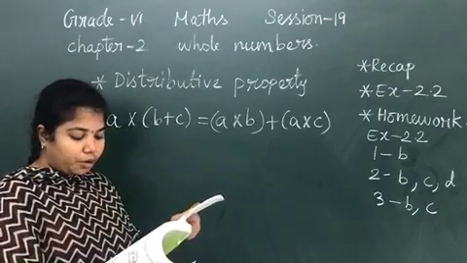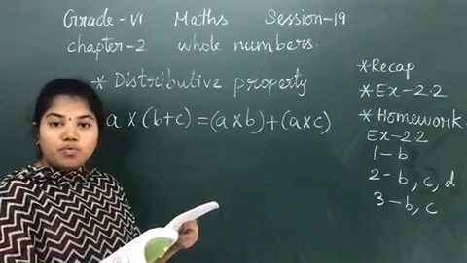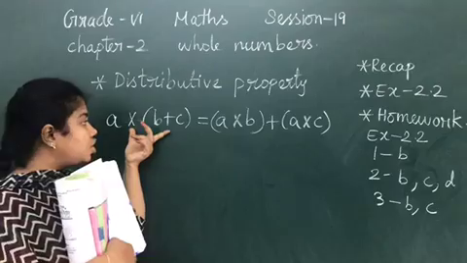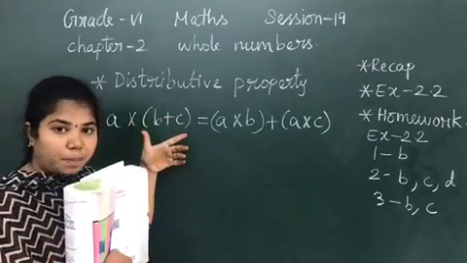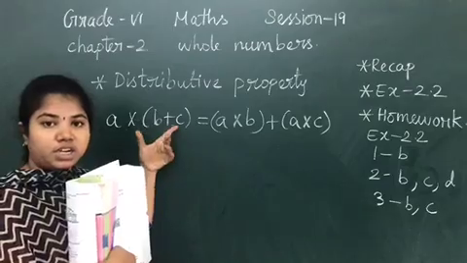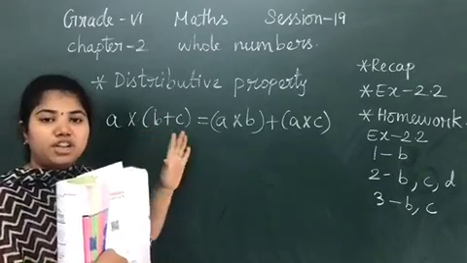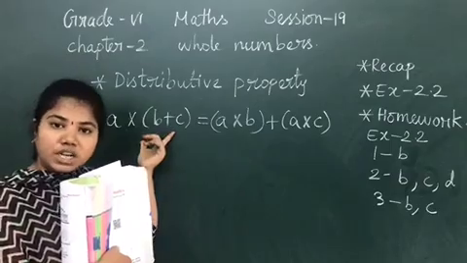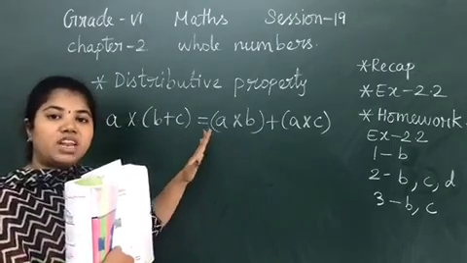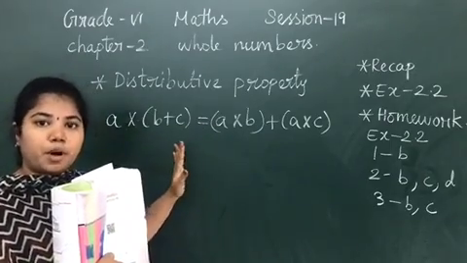This is known as the distributive property of multiplication over addition. There are several other things, like multiplication over subtraction, division over addition, and division over subtraction. But in your book for distributive property, only multiplication over addition is given. So you can be very clear about this distributive property alone.